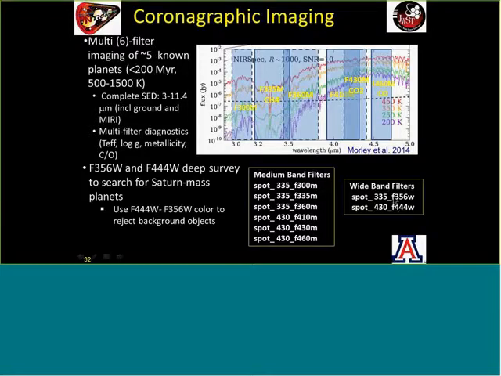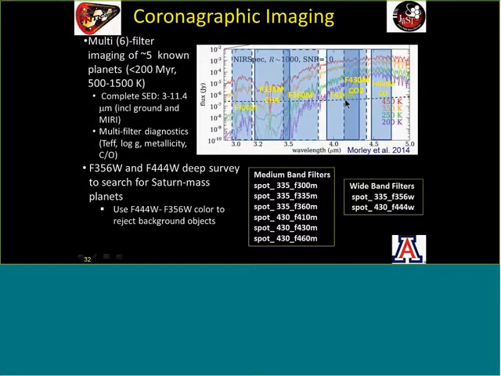And this graph shows a collection of models computed by Carolyn Morley and friends, and these are different temperature exoplanets, and you can see how the NIRCam medium band filter suite will not give a complete spectrum, obviously, but give one a good handle on matching to these models.